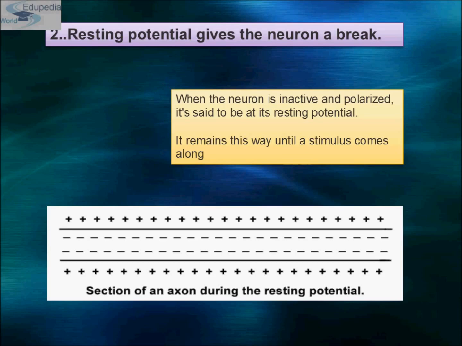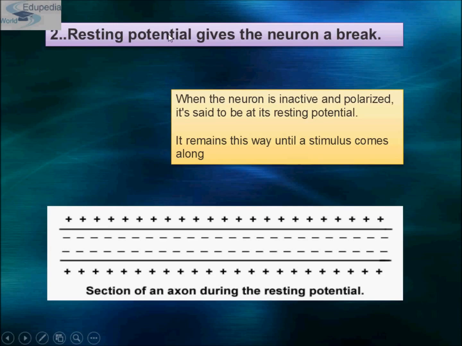It remains this way until a stimulus comes along and stimulates it. This is the section of the axon during resting potential.